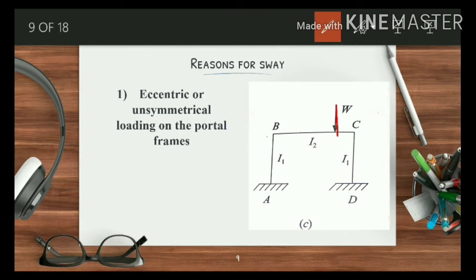Therefore, due to this unsymmetrical, that is eccentric, loading on BC, side sway occurs and this will be a sway frame. So first check whether the loading is symmetrical or unsymmetrical.